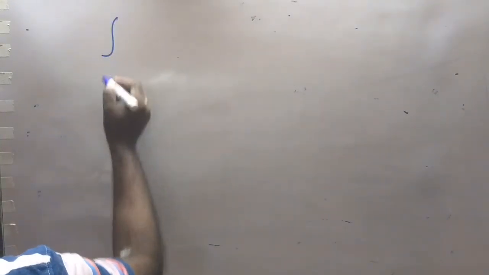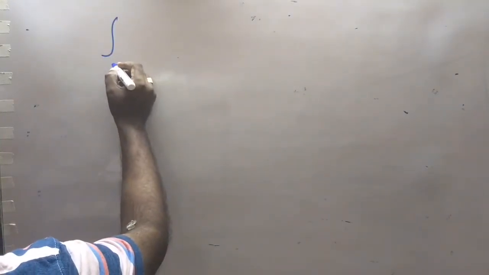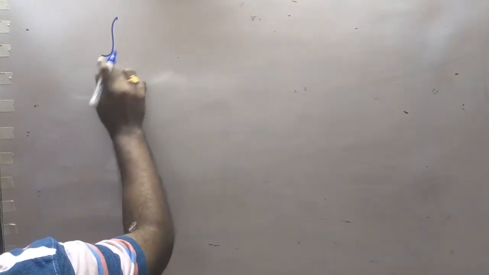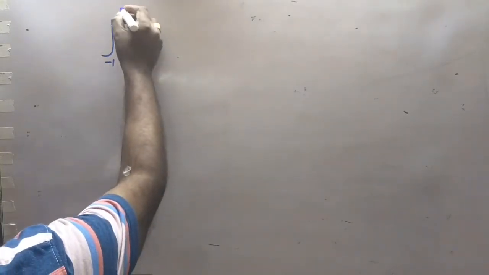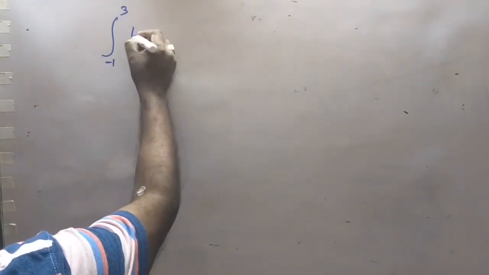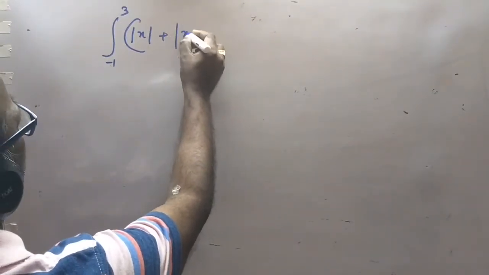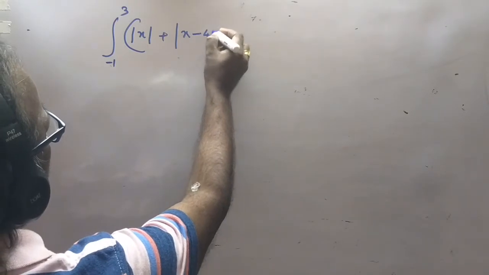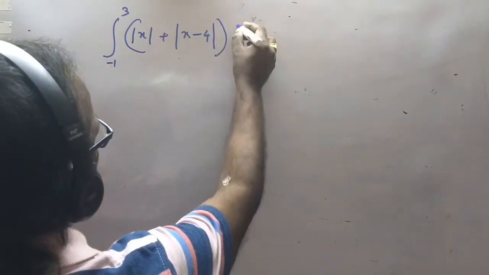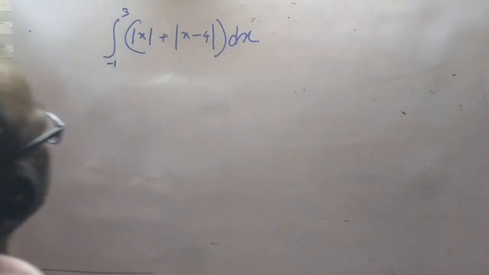See there, same as before, from minus 1 to 3, and I have given you mod x plus mod of x minus 4, and this is dx.